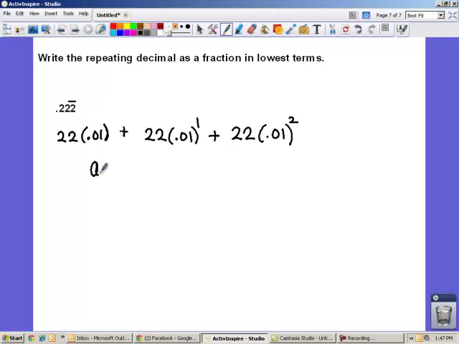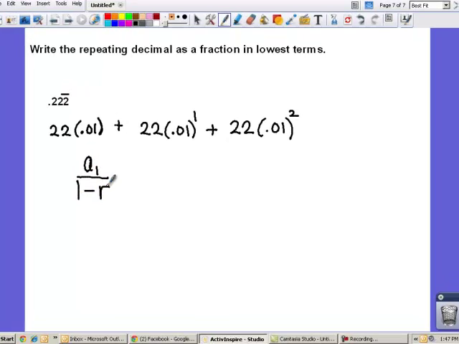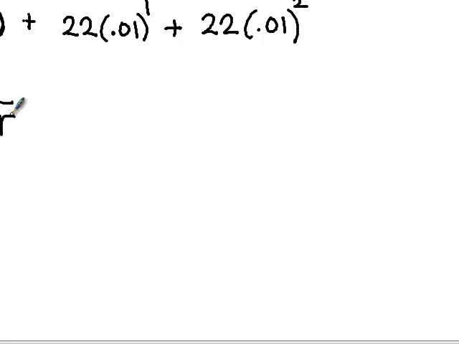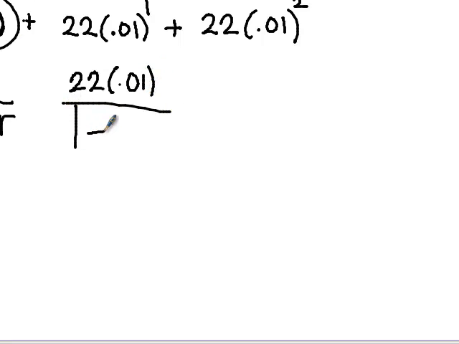And so we're going to use this equation once again, and we know that A1 is 22 times 0.01. Right here. That's your A1. Now, 1 minus the ratio is going to be the 0.01, because that is what we're multiplying to the power of every single time.